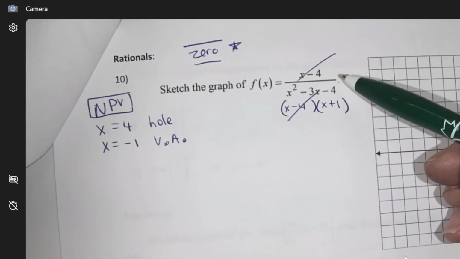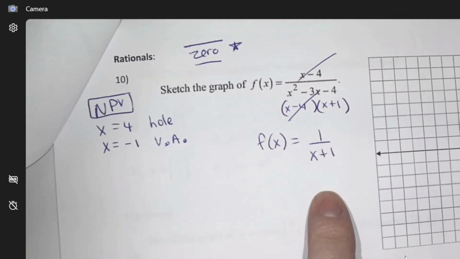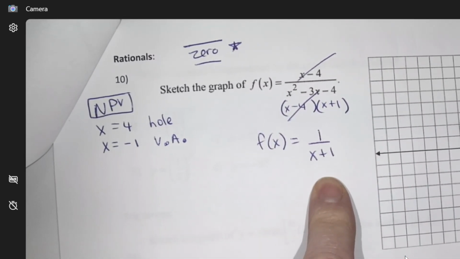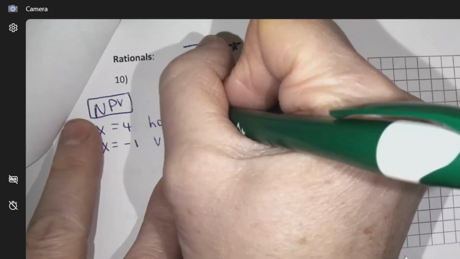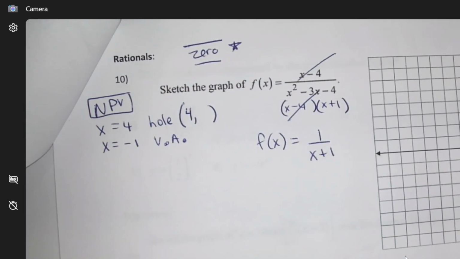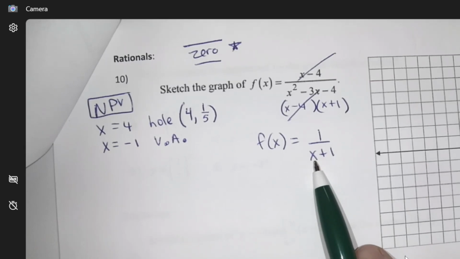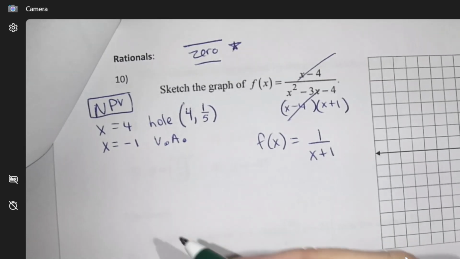After you cancel this, your equation looks like that. After you've canceled, you now have 1 over x plus 1. So can you get me the coordinate of the hole? 4, comma. You're plugging it into here. Did you get 1/5? Because I put the 4 into that spot. Okay, great, we're done that work.